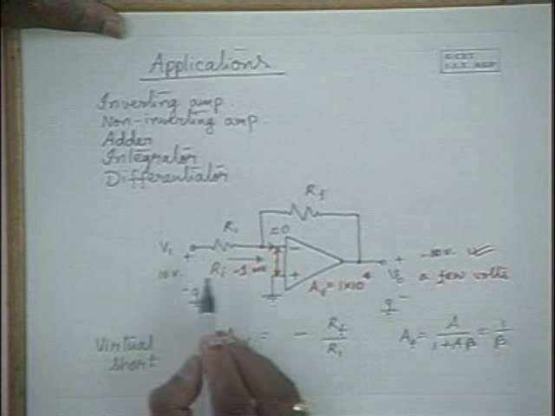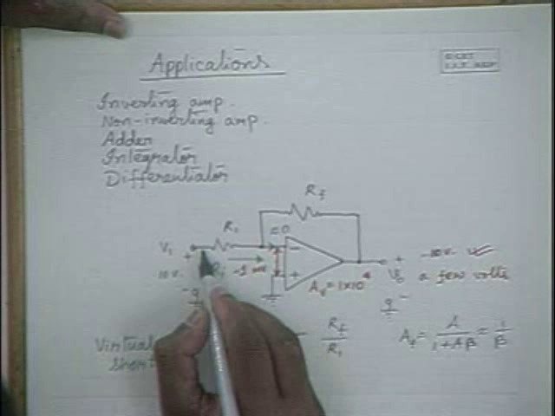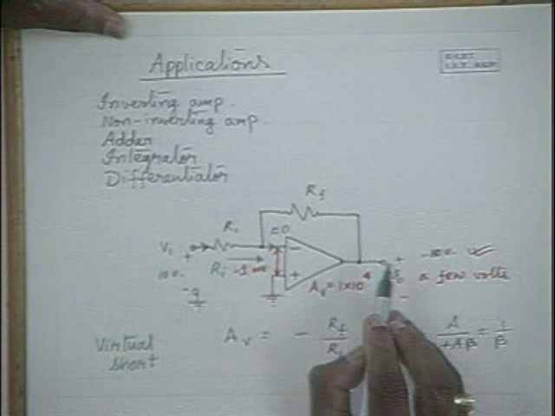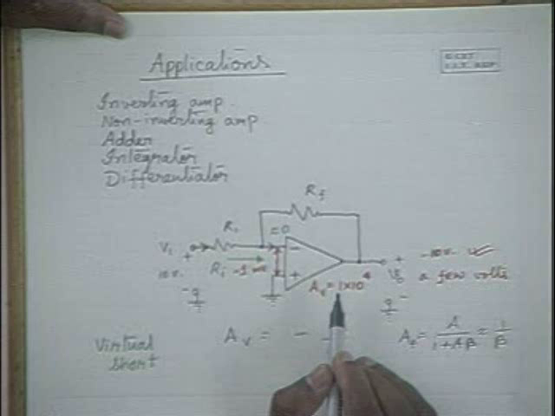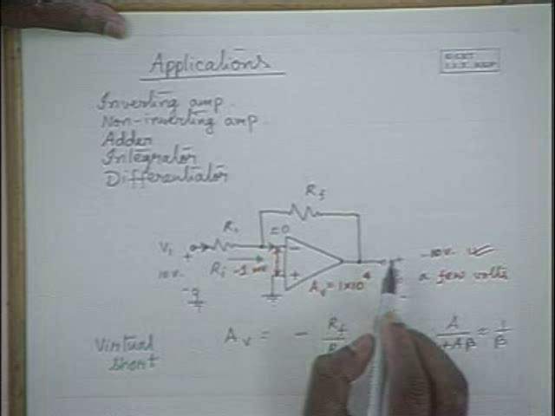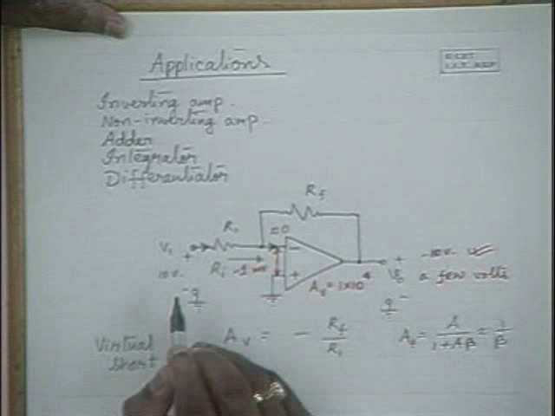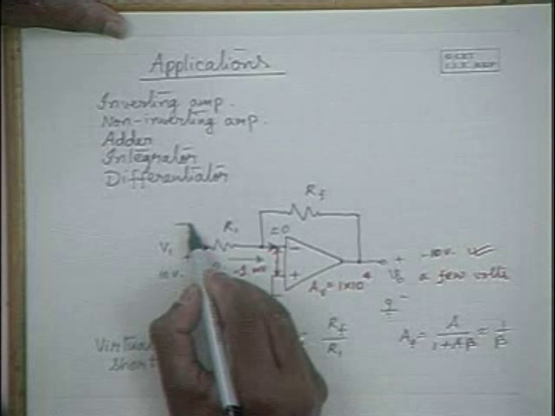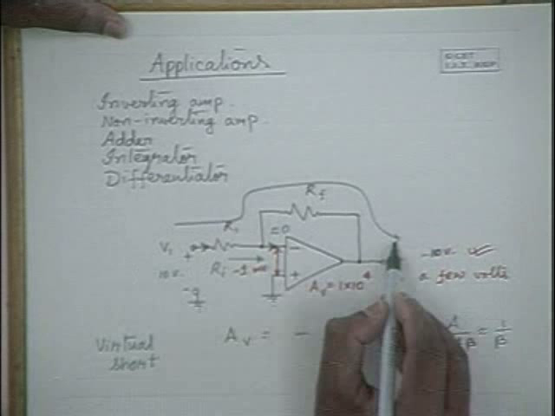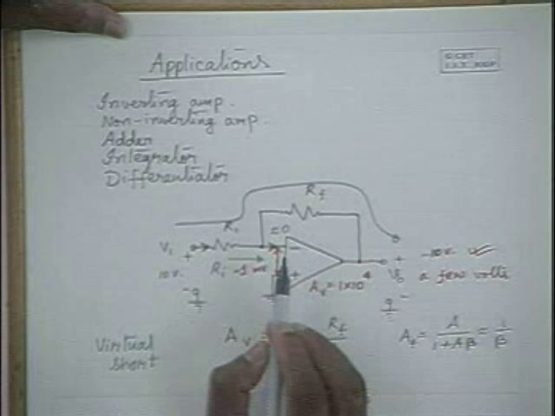How is it happening? When this is 10 volts, you expect a current to flow through this, and when the gain is minus 1, obviously this will be minus 10 volts. When this is minus 10 volts, and when this doesn't draw any current or negligible current, current flows through this path.